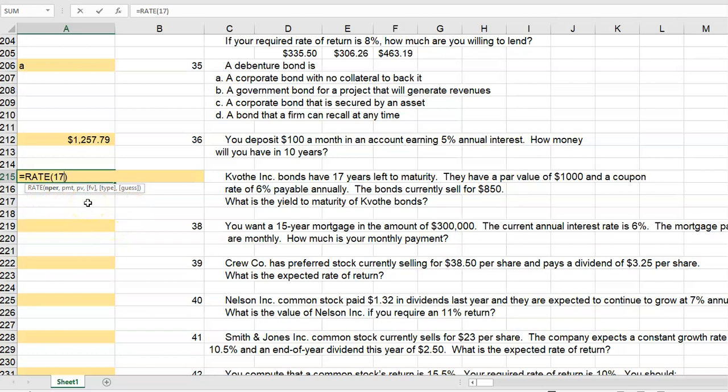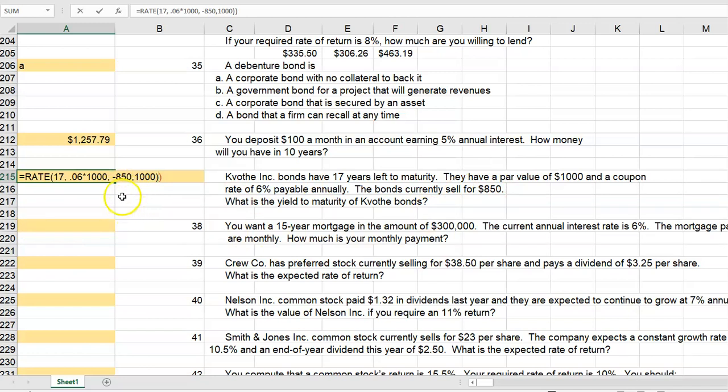All right, 17 periods. Let's redo this. The payment is 6% on 1,000. Present value, I have to pay out $850. And the future value, I also get 1,000. All right, so 17 periods. I don't have to worry about the semi-annual. I get paid 6% on the coupon value.